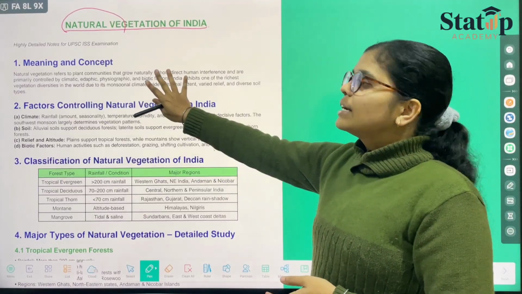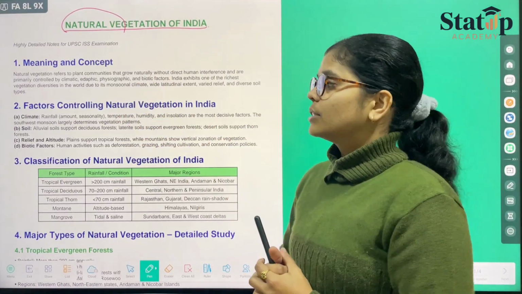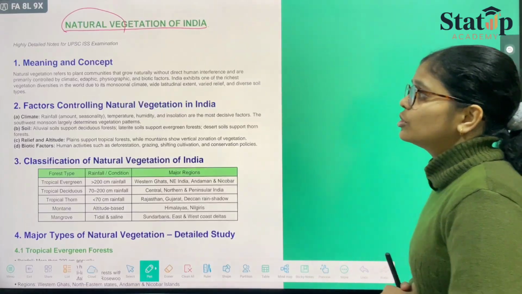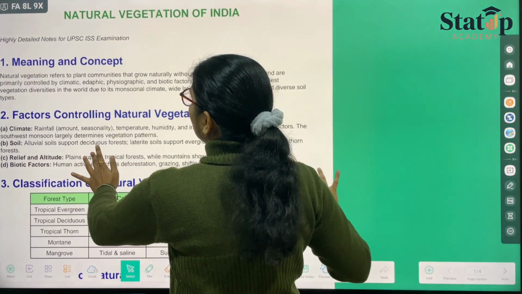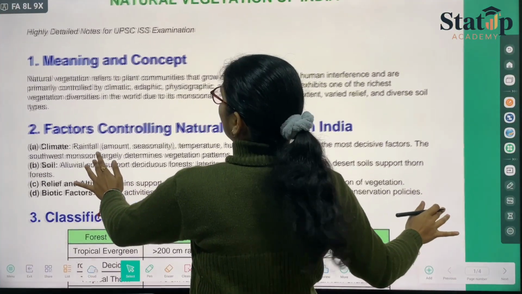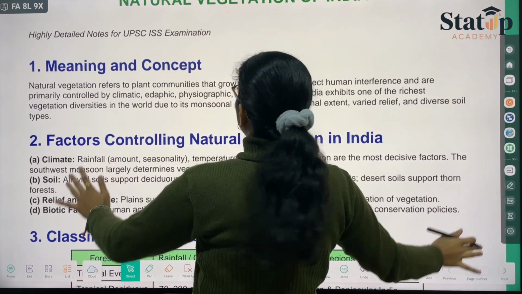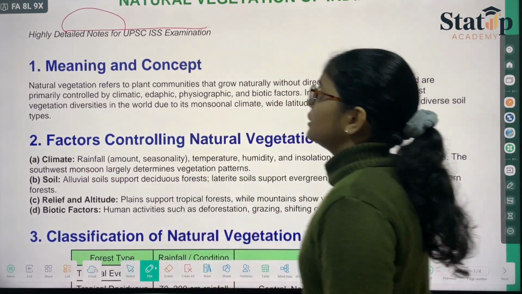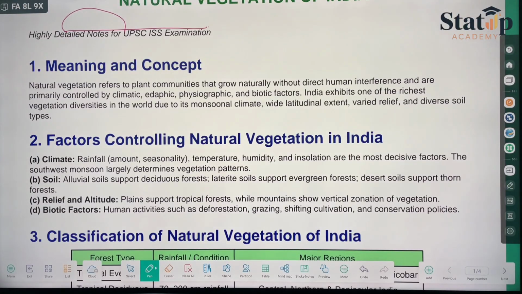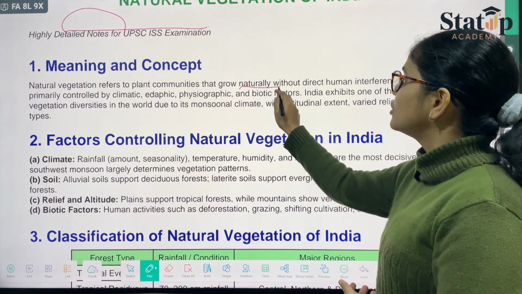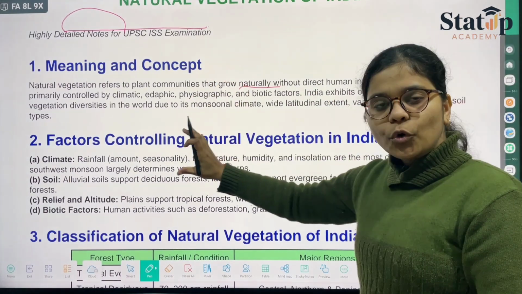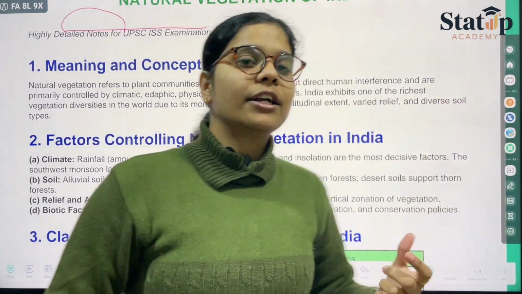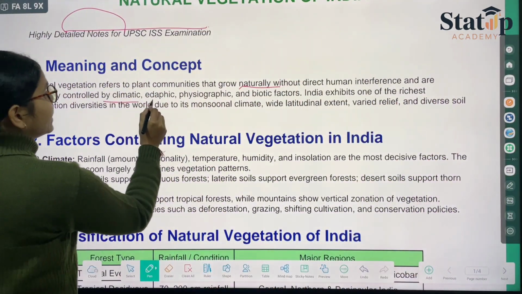Okay, the first is the concept. Let's get to the concept first. The concept says that the natural vegetation refers to the plant communities that grow naturally without direct human interference, or are primarily controlled by climatic, edaphic, physiographic and biotic factors.